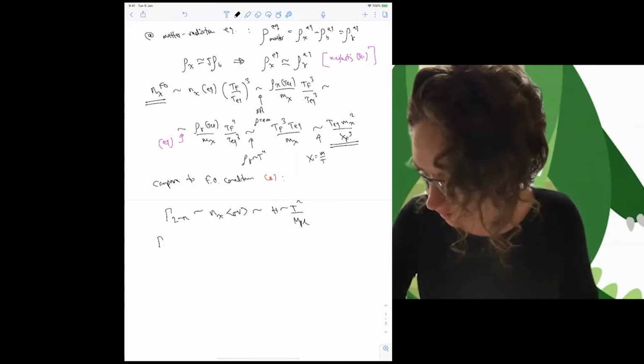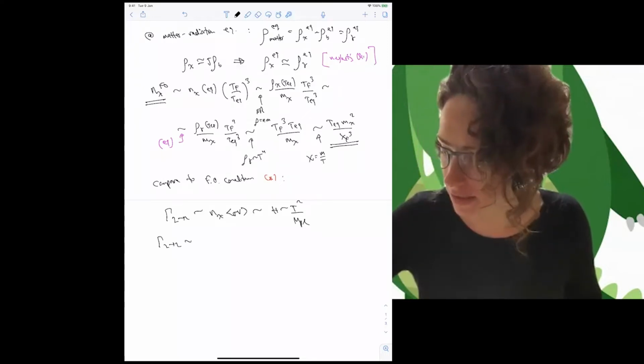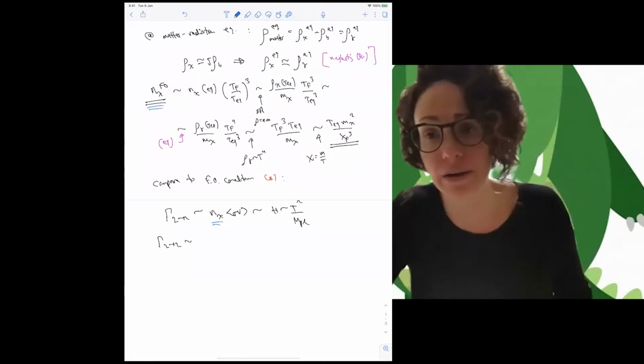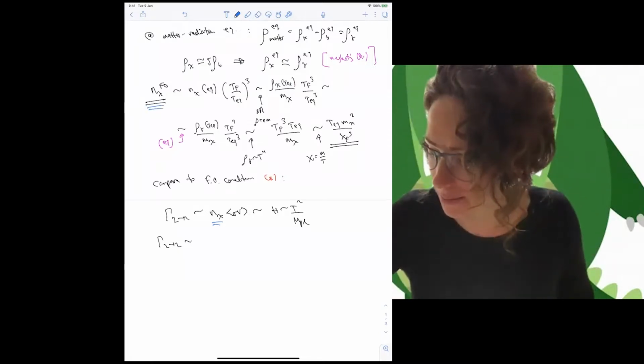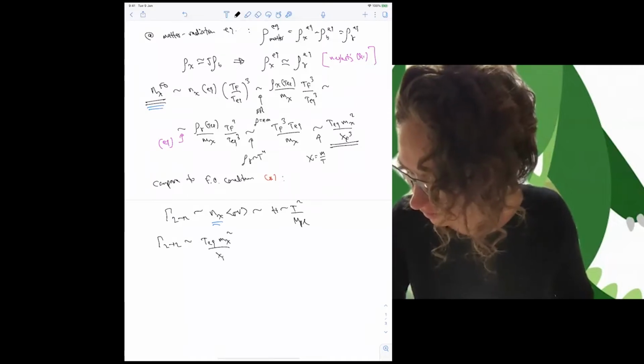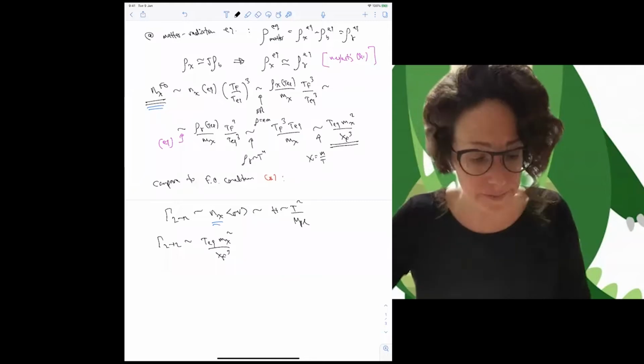So here we have our 2-to-2 rate, which scales like the number density, and this number density over here is what we just wrote out. So we're going to copy that over. We're going to use T equality, m chi squared over x freeze out cubed. That's my number density of dark matter.